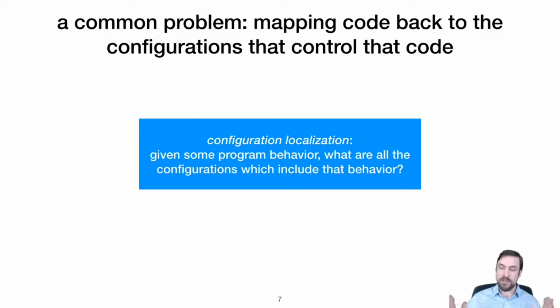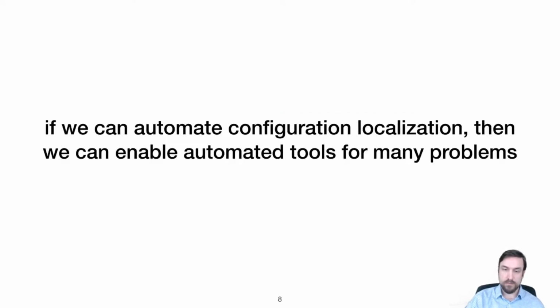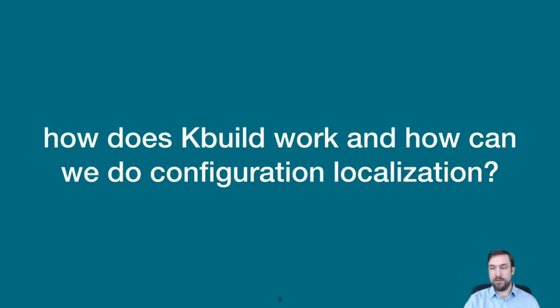But in all seriousness, my thinking is that if we can solve this problem fully automatically and comprehensively, then we'll be able to make some more automated tools like finding configurations for patches much more easily and make them automatic. So this is really the crux of the work I'm doing in this area, that if we can automate this configuration localization problem, then we can find automated tools for many of these problems.